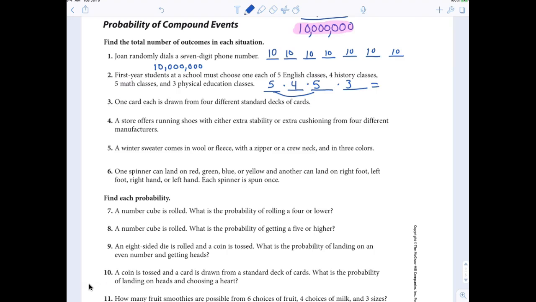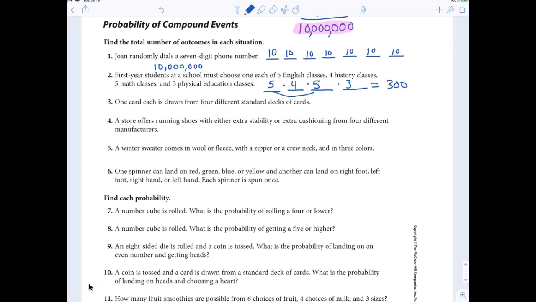There you go. All right. So there's 300 different ways that you could take an English, a history, a math, and a PE.